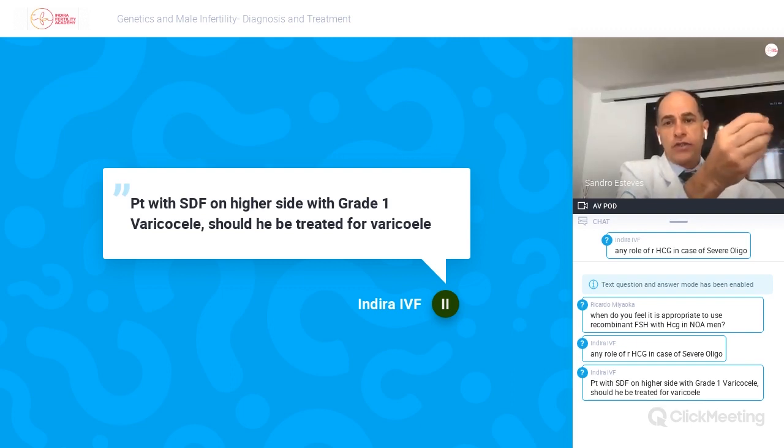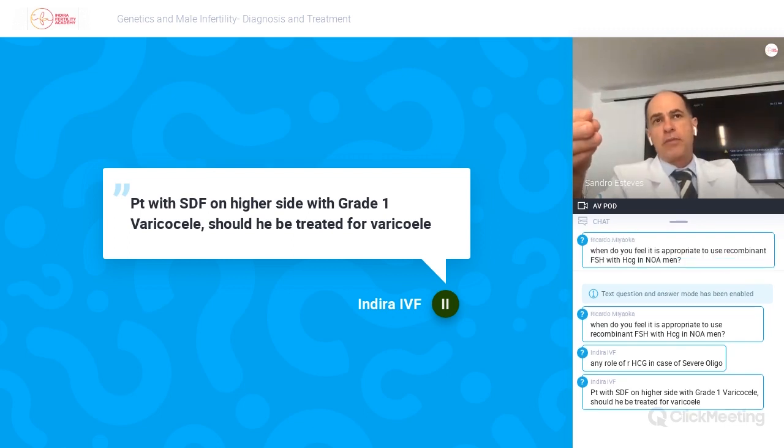If I can't see, but I can feel the varicocele using the physical examination, then I can say that the patient has a grade 2 varicocele. And if I can't see, I can't feel, but when the patient makes the Valsalva maneuver, so increase the abdominal pressure, I can feel the veins enlarging, this is the grade 1 varicocele.